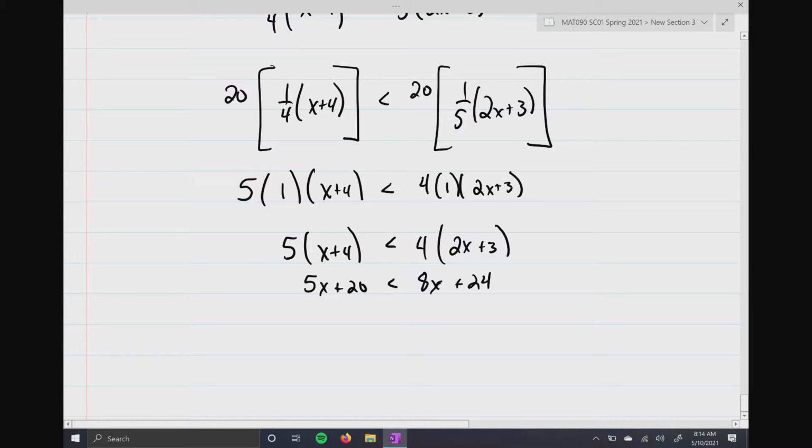Now I'm going to group my like terms, so I'll subtract 5x from both sides. That gives me 20 is less than 3x plus 24. Now I'm going to subtract 24 from both sides. Sorry, 4 times 3 is 12.